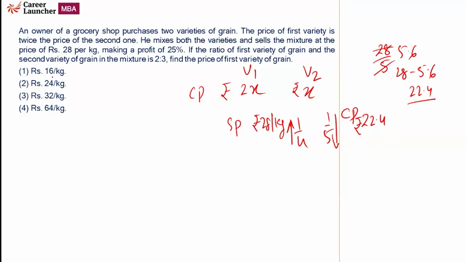This is what you get after combining both. The volumes of the first variety and the second variety of grain are in the ratio 2:3. So what is the total price?